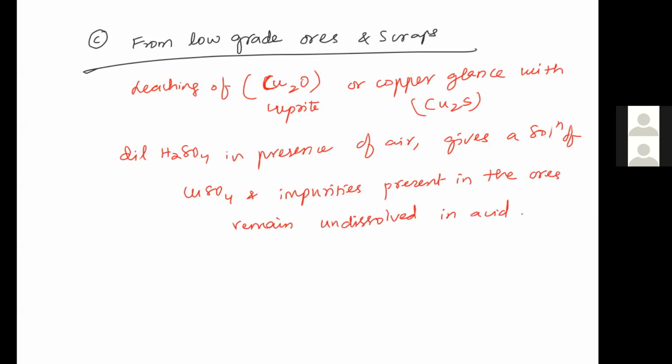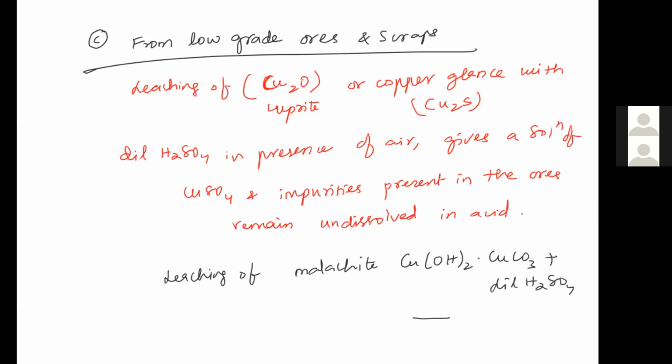For example, leaching of malachite, which is Cu(OH)2·CuCO3, plus dilute H2SO4 gives rise to a solution of CuSO4.